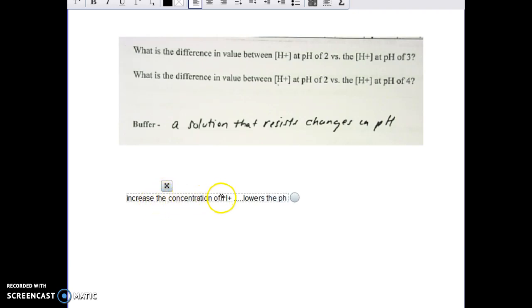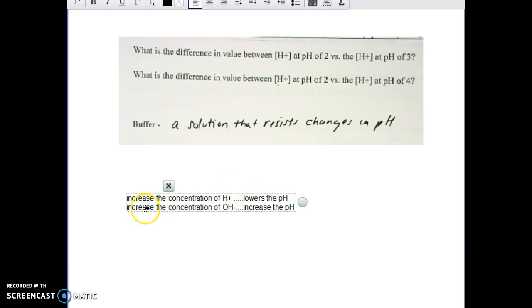Increase the power of hydrogen or the concentration, you're going to get a stronger acid. Then that's a lower pH value. If you increase the concentration, sorry, it's really early learning right now, of OH, then what that's going to do, it's going to increase the pH.